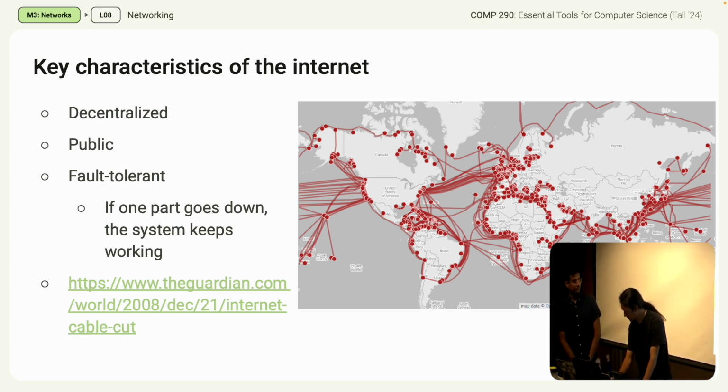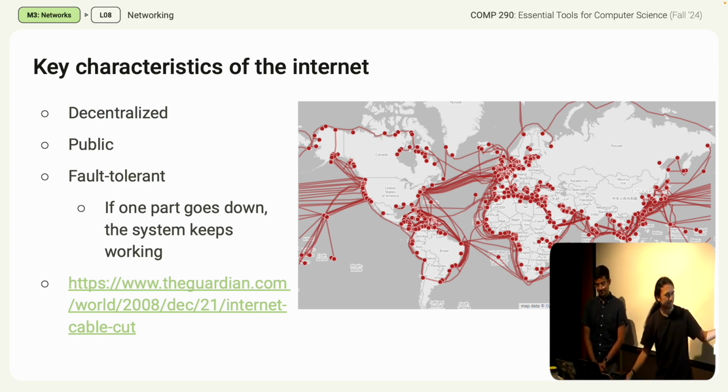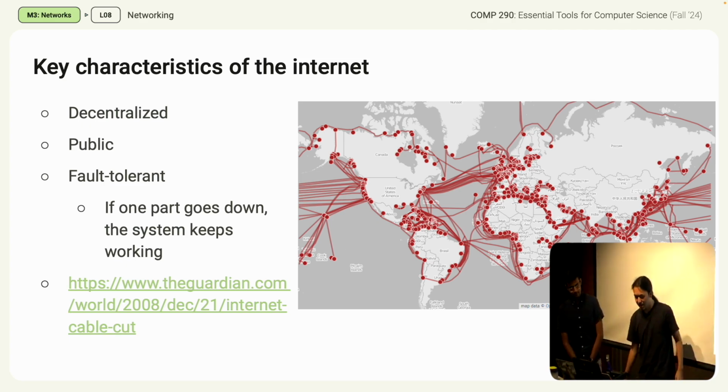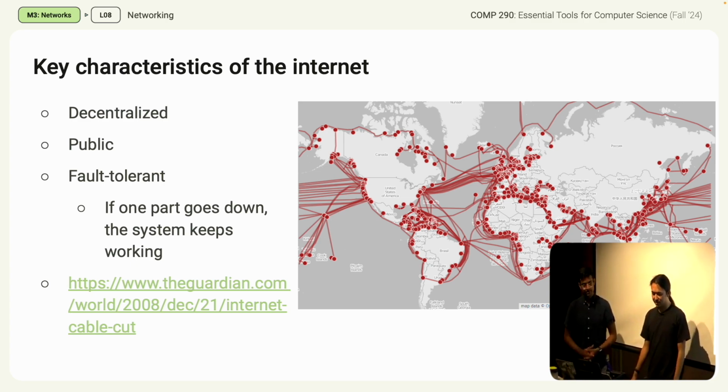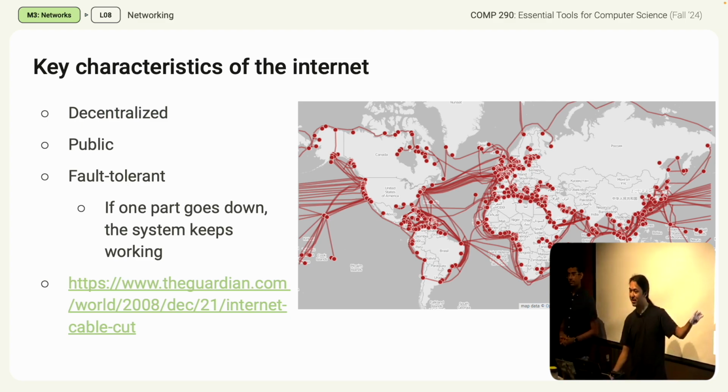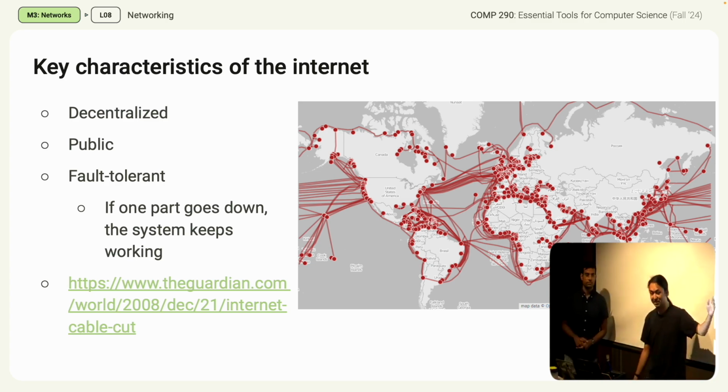And actually, I won't click on this now, but this is an interesting article if you want to refer back to it. This was in 2008. Literally, an internet cable, I believe around northern Africa, got cut accidentally. And it literally knocked out 70% of the bandwidth of all the network activity to Africa for that day. And everyone got really congested.